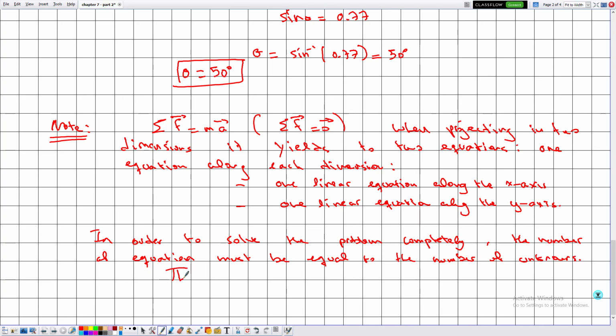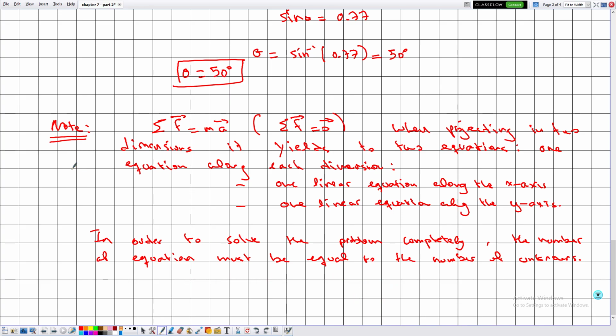I say this without further statement because later I will generalize. So the number of equations must be equal to the number of unknowns. Okay.